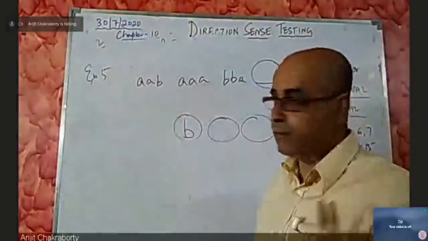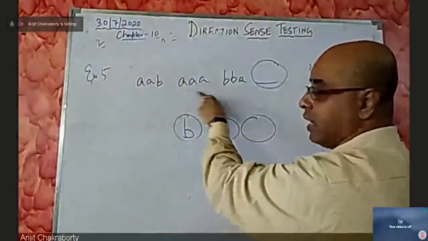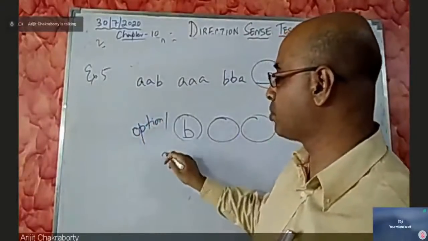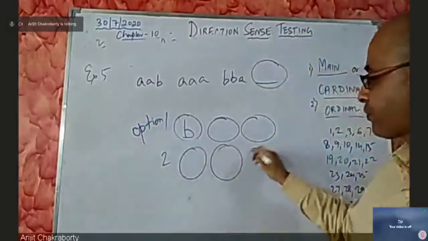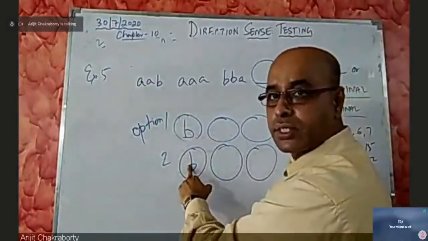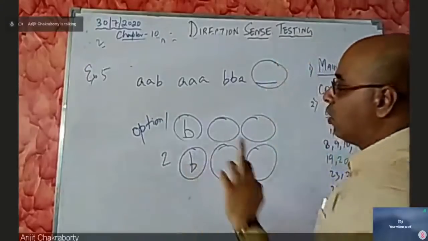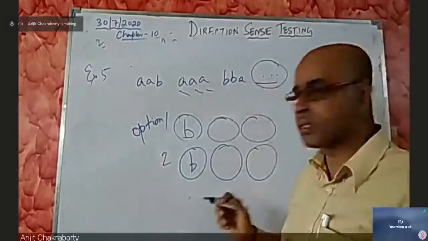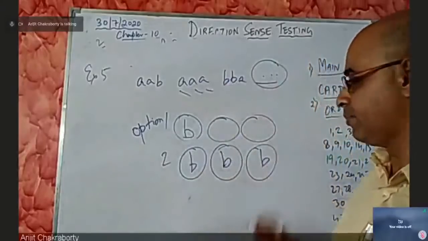Now, one option which I feel is that since we have 3 A's here, we can also have a sequence where you have 3 B's, BBB.